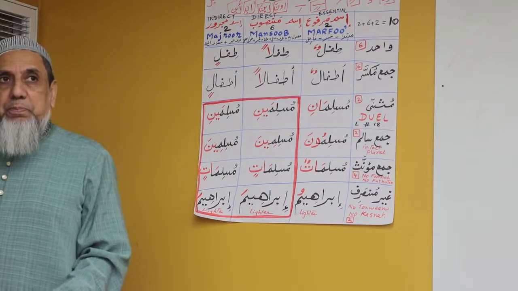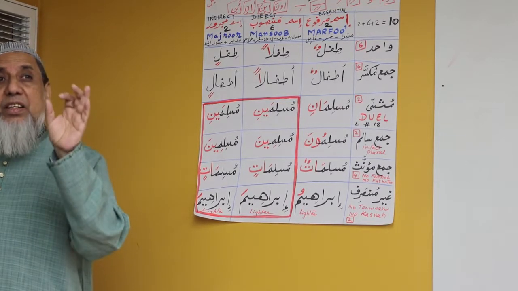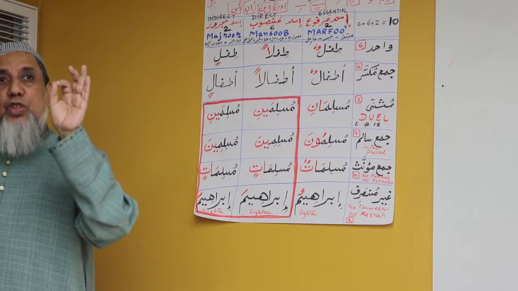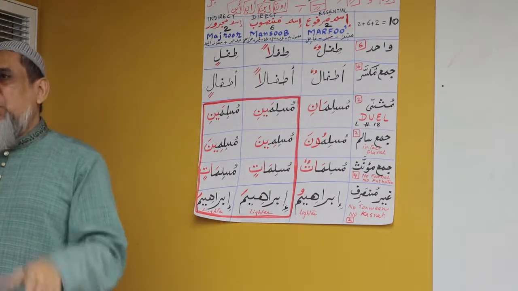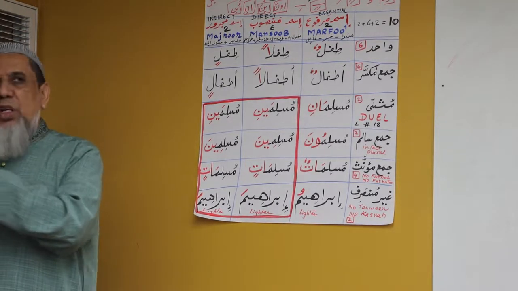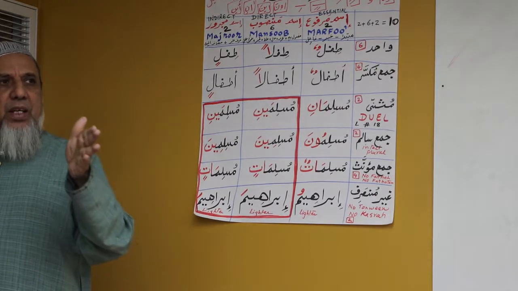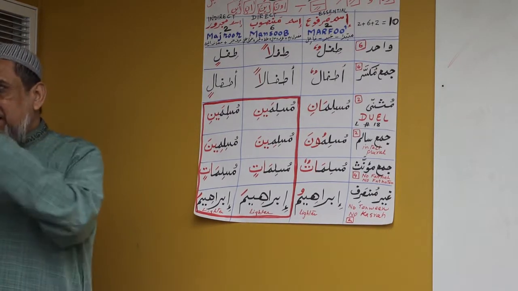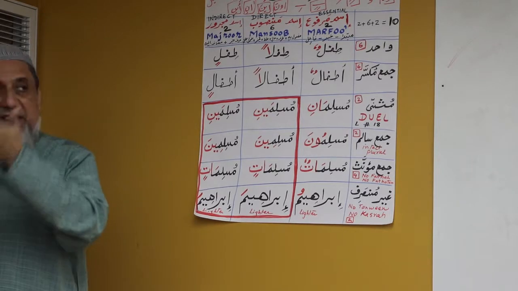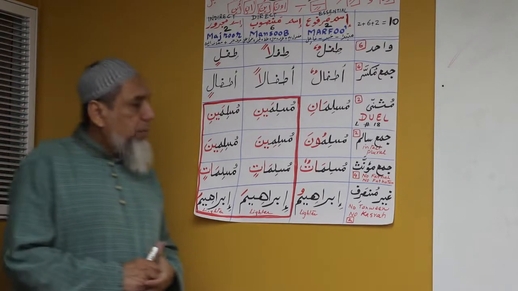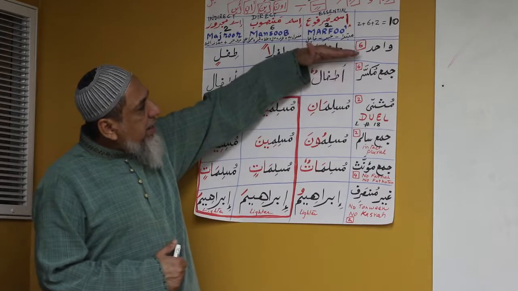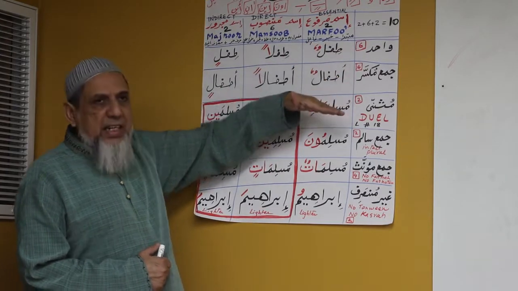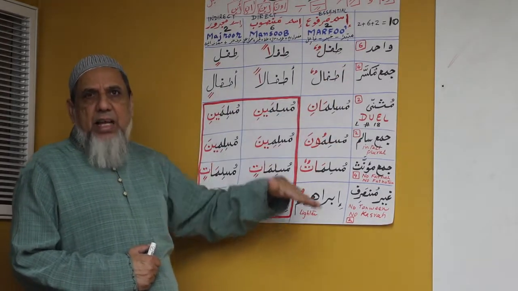I'rab is the last part of the noun showing the position of the noun, whether it is active, subject, or object. Is it doing or receiving? Now, these are the 6 typical i'rab.